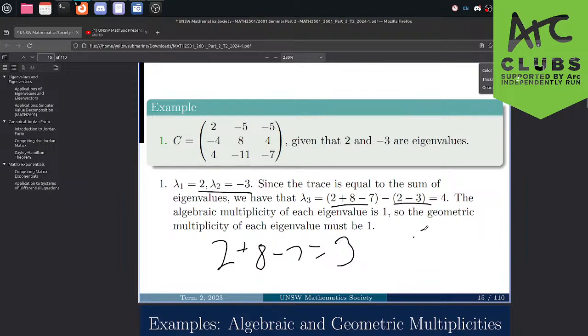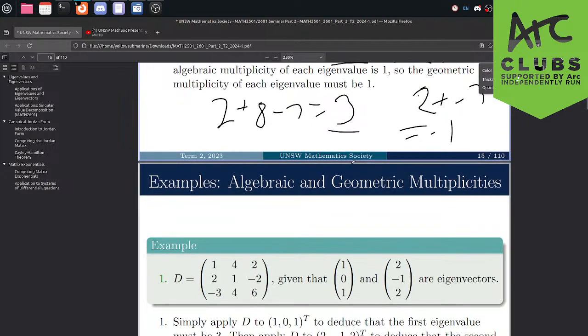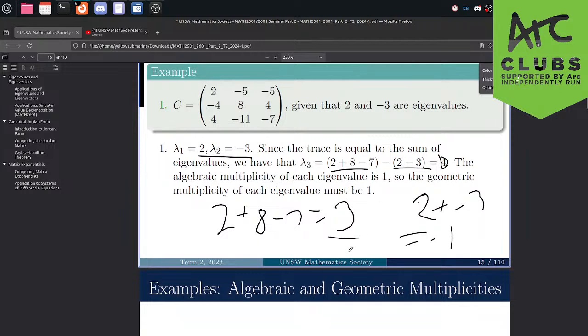We have eigenvalues 2 plus -3, which equals -1. So the remaining one must be 4, so that the sum of eigenvalues is the trace, which is 3. So notice that we get 3 distinct eigenvalues: 2, -3, and 4.